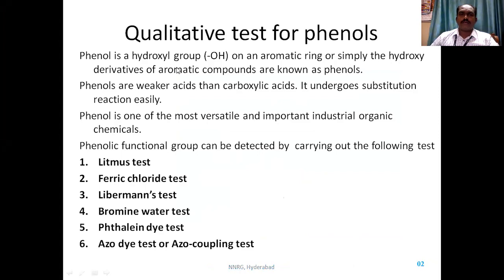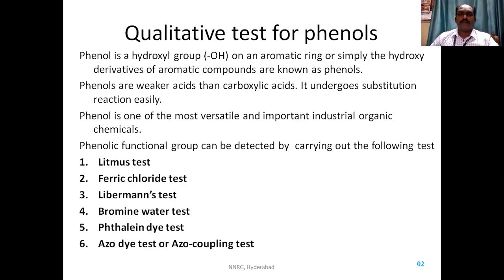Coming to the qualitative tests, we know that phenol is a hydroxy group on an aromatic ring. It is an aromatic hydroxy compound, with the hydroxy group directly attached to the aromatic ring, or sometimes derivatives of aromatic compounds such as cresol, resorcinol, pyrogallol. They are all called phenols.